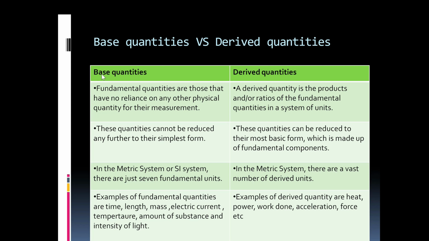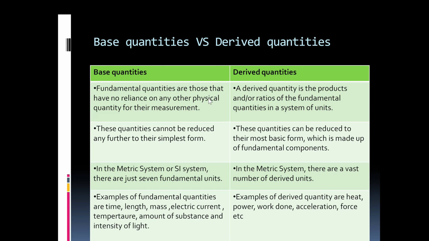Base quantities are those that have no reliance on any other physical quantity for their measurement. But a derived quantity is the product and/or ratio of the fundamental quantities in a system of units, which means that these quantities can be expressed or derived from base quantities.